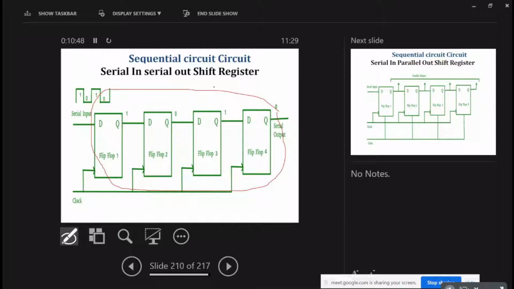This particular type of register is a unidirectional shift register. We'll see what the bidirectional one is, but this is a simple example of a unidirectional shift register.